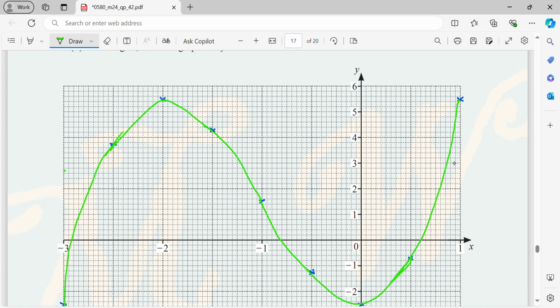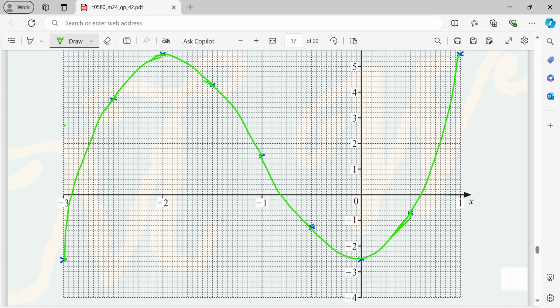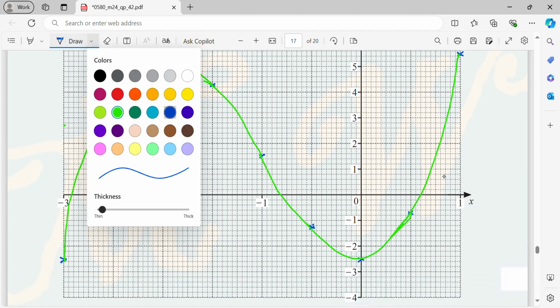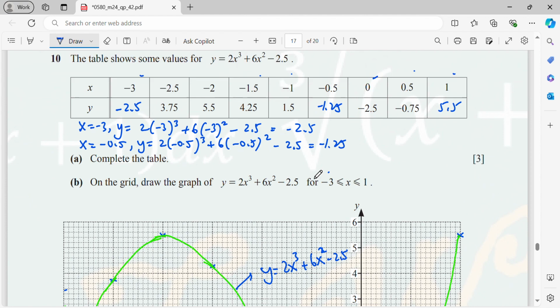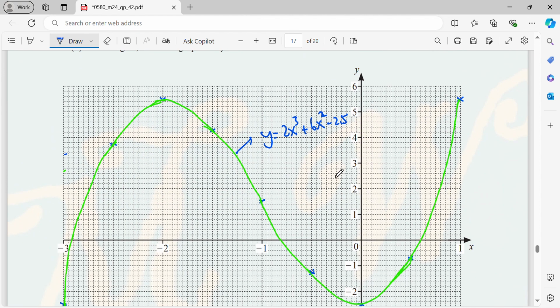Okay. Right, so this is a graph. You can label the graph as y equals 2x cubed plus 6x squared minus 2.5. Alright, done for the graph sketching.